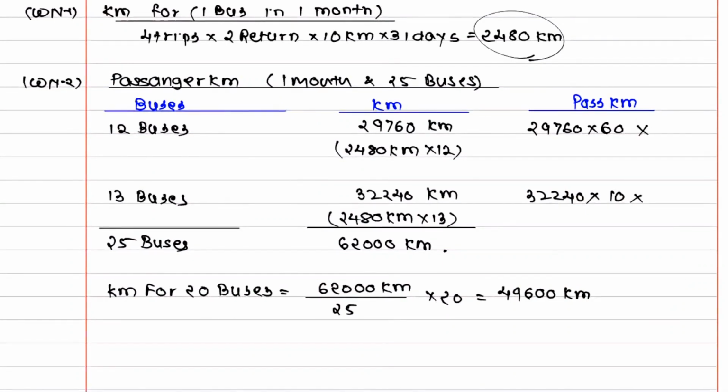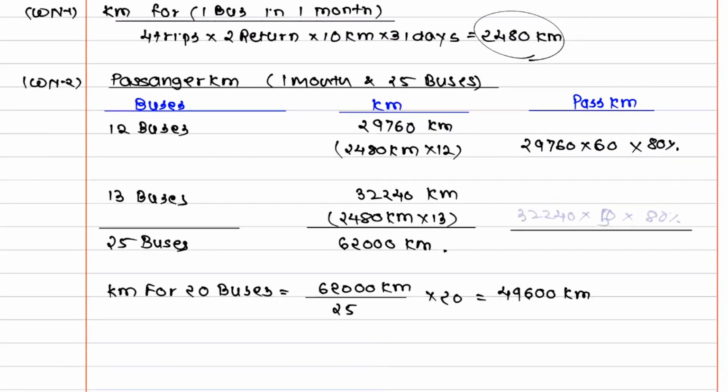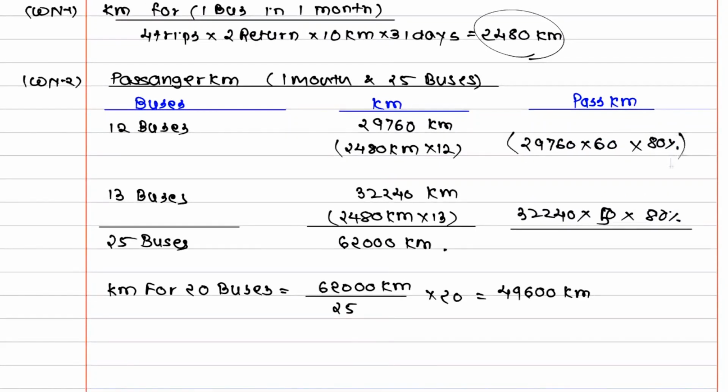No. This is 50, right? Yes. So these buses will have an occupancy rate of how much? Only 80% in general. So 80% and 80%, and then you will get passenger kilometer. So I can show this below as a working, and I can show the final answer above. What did you say?